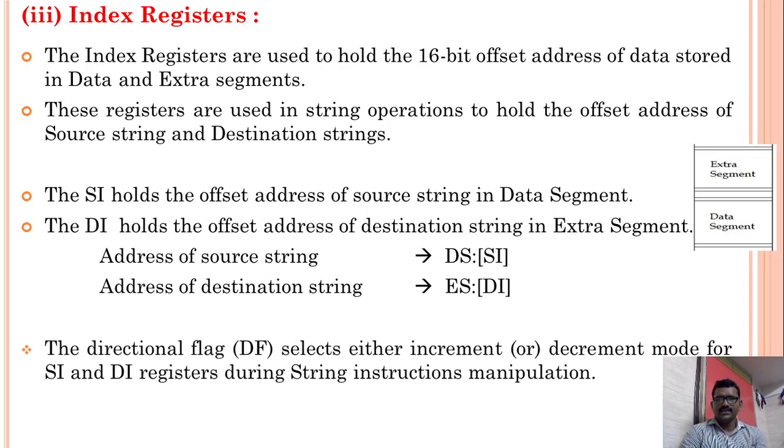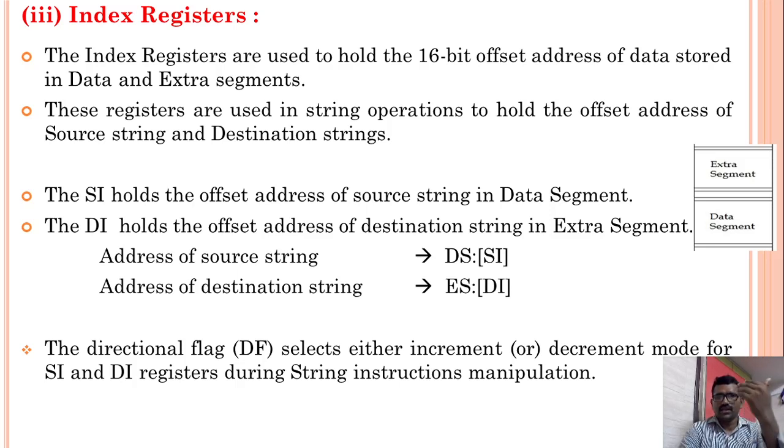While performing string operations, we have to concentrate on DF, a flag in the flag register, the direction flag. DF will select the mode, auto increment or auto decrement.